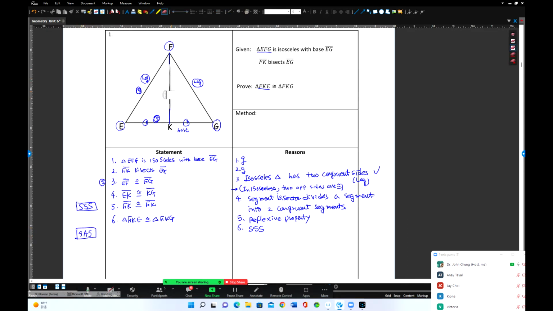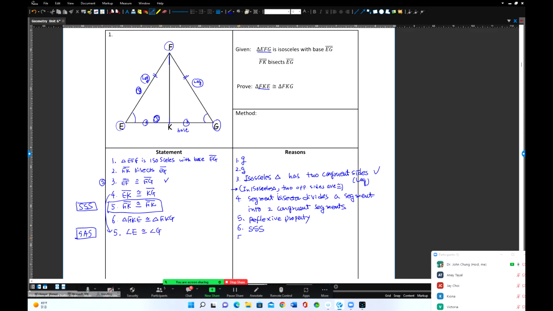I'm not going to use this one because we got these two sides are congruent. Using these two sides, we can say these two angles are also congruent. Because EF and FG are congruent, you can see that angle E is congruent to angle G. What's the reason?